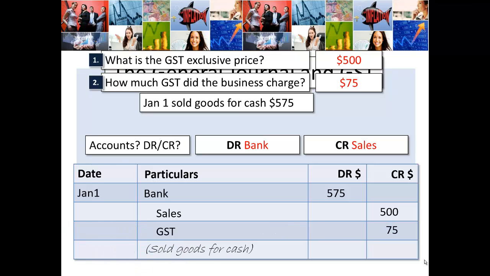Our bank, we debit 575, sales of 500, and GST 75. The full 575 is debited to the bank because our bank account will increase by that much, but we've only really made sales of $500 because that GST component is not the business's money, it belongs to the government.